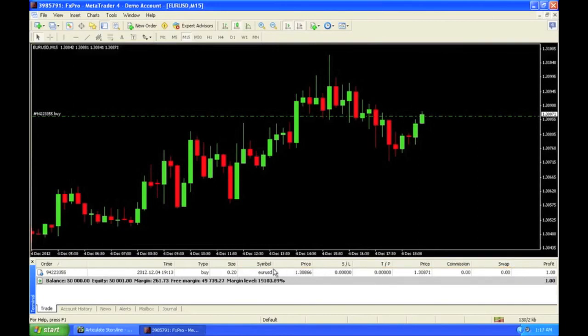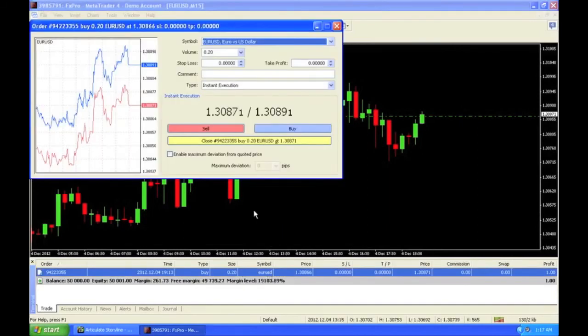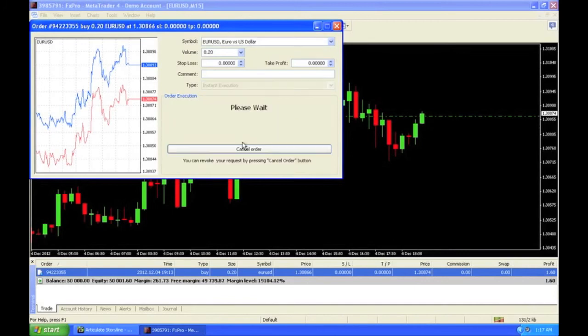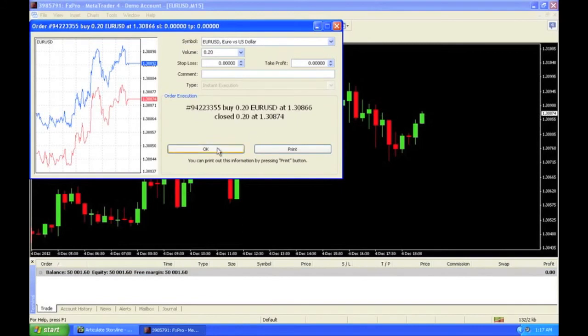If I want to close it, I simply just double click. There is an option to close right here. I click close, and the trade is now closed.